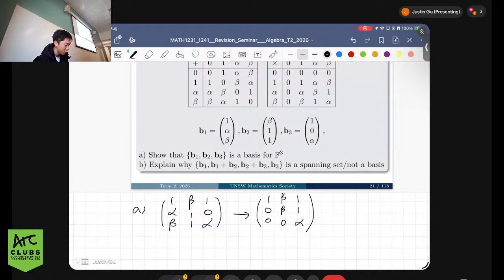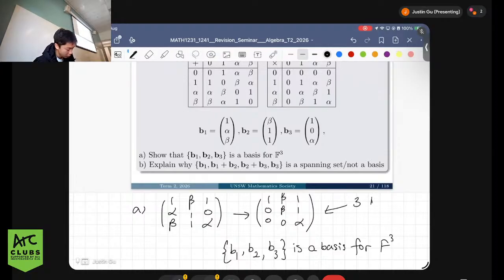In our columns we have three linearly independent vectors, not more, not less. Therefore, we can say that B1, B2, B3 is a basis.